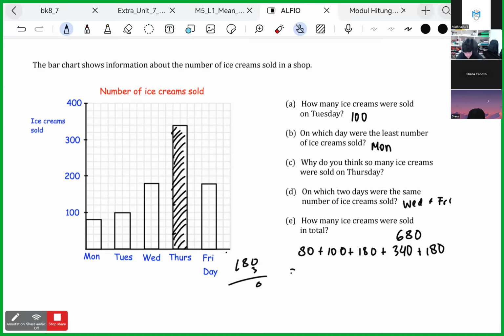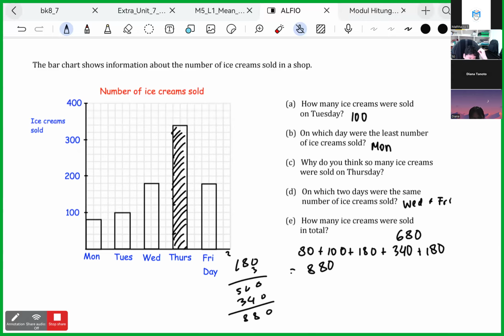Times 3. Ini 340. Supposed to. Betul. Wait. No, it's supposed to be 880. 180 plus 180.